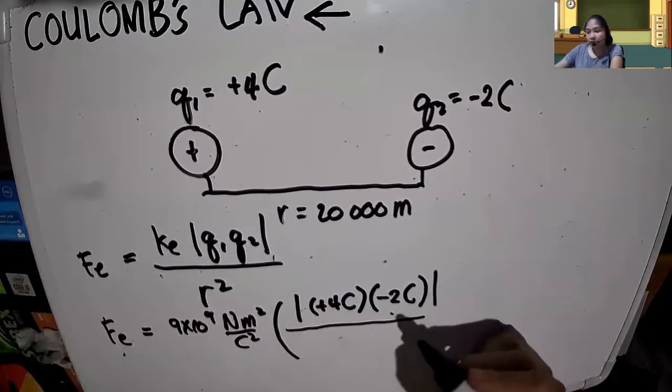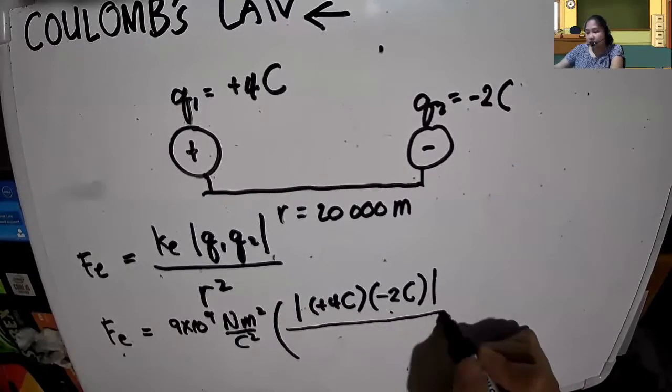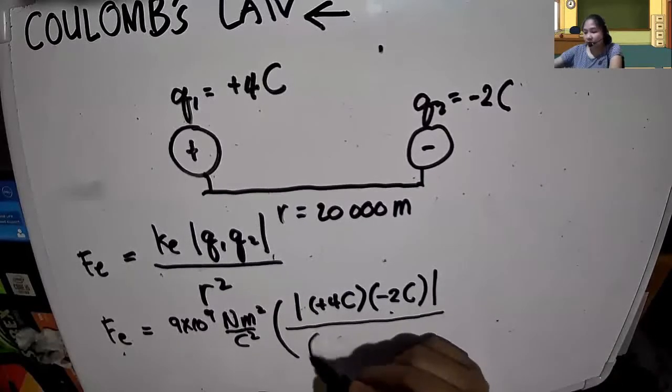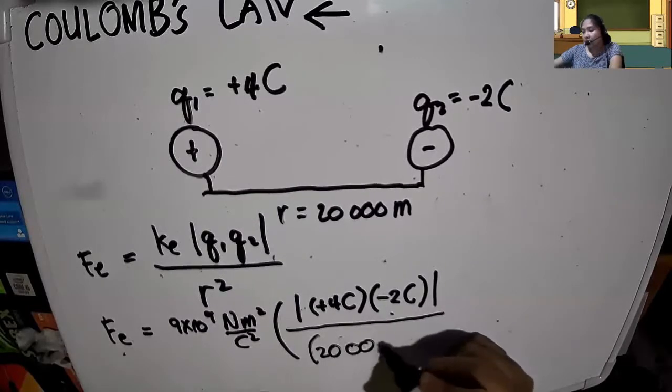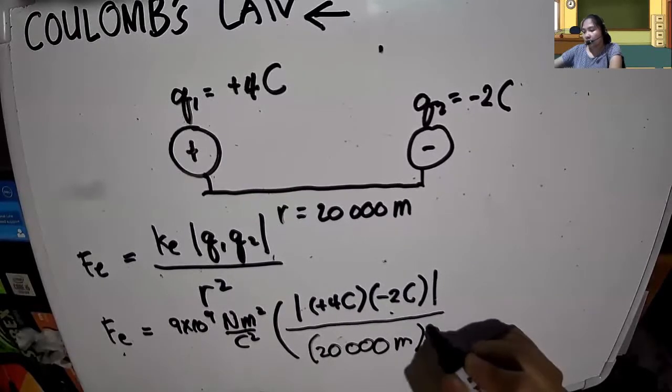All over R squared, where R is 20,000 meters, and we get the square.